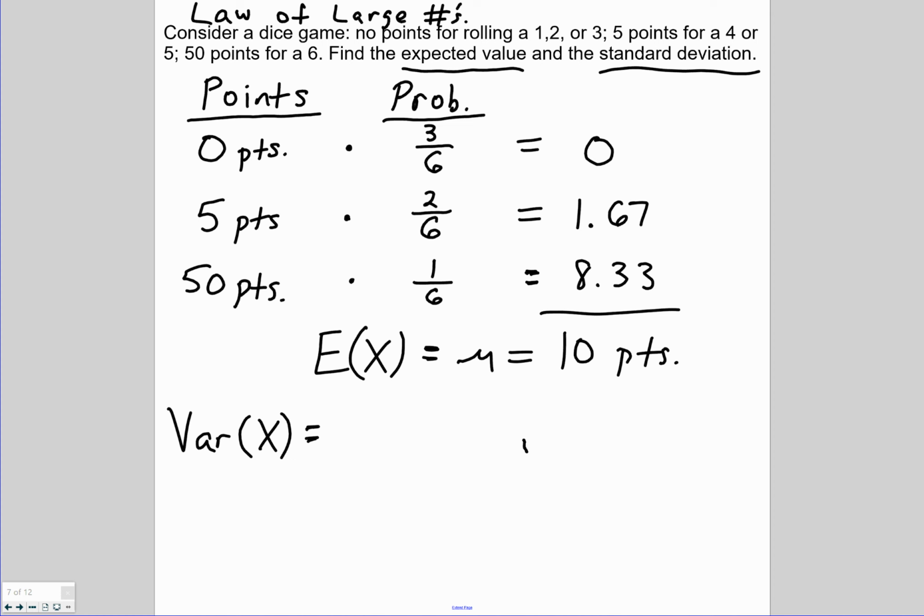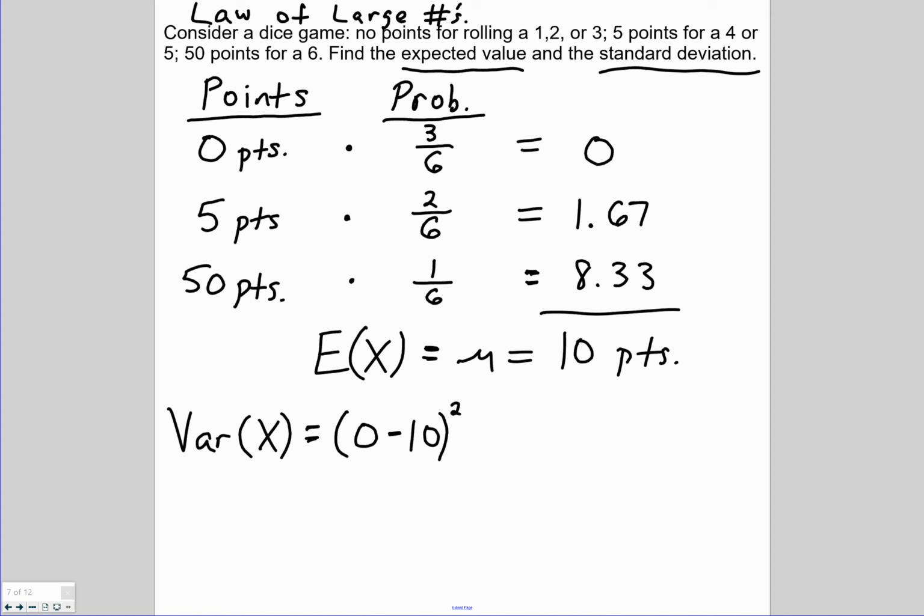Okay, so you're going to write down in parentheses 0 minus what is the expected value? 10. Now, it's been a while, but anytime we subtract this, it's called a deviation from the mean, your actual value minus your mean, we want to square it. Do you remember why we square it?